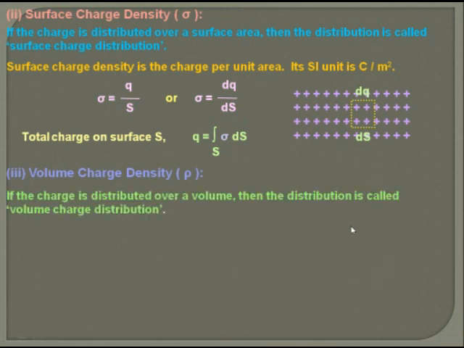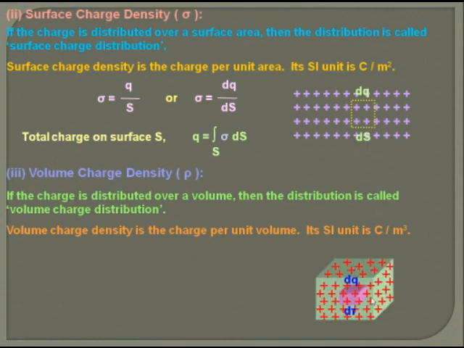Let's see if we are correct or not. Yes, we are correct. Let us consider we have a cube, and we are considering a small volume of that cube, that is dV. dV has a charge of dq.